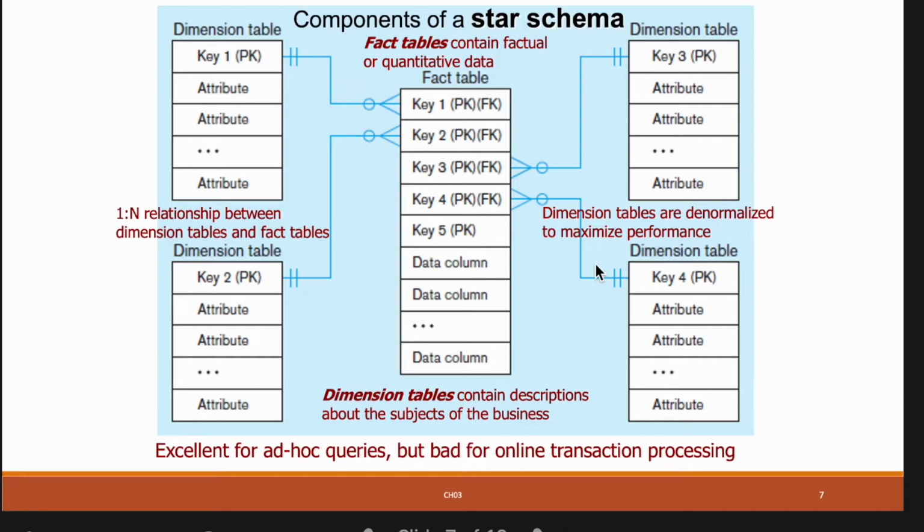So let's take a deeper look at the star schema. It has a lot of components. We can start with the fact table, which includes two different things: keys and measures.